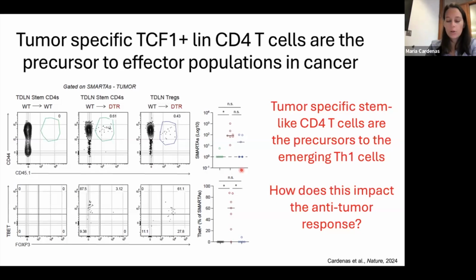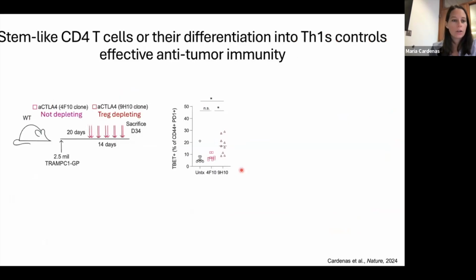And so that's all great, but why do we care, right? How does this actually impact the anti-tumor response? Does it matter that a stem-like population chooses to become a Treg or chooses to become a Th1 cell? How does this functionally impact the anti-tumor response? And so first, I'm going to give an example of a treatment that we usually give to patients, and it's usually to target Tregs.